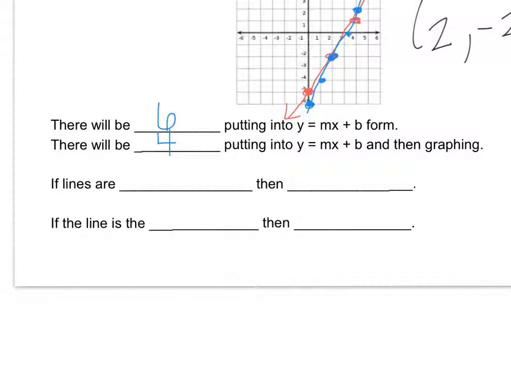If the lines are parallel, meaning they look like this, they go on forever, and they never touch when you graph them, then you have no solution.